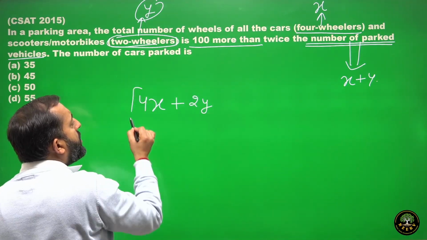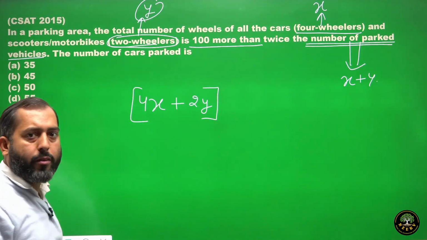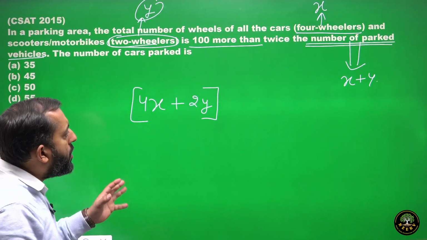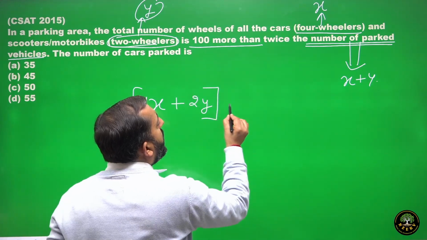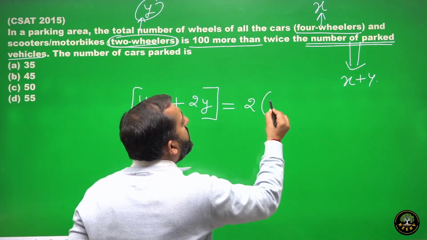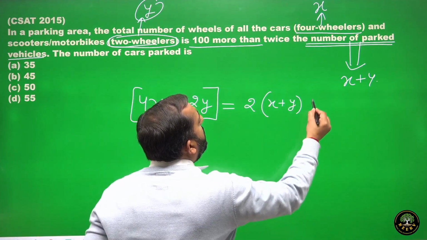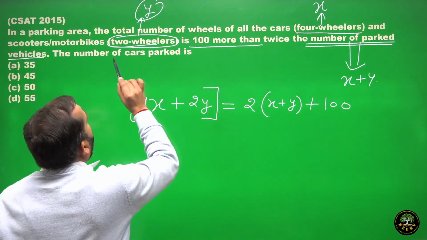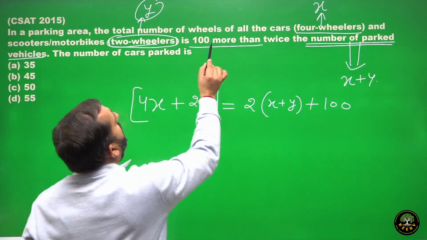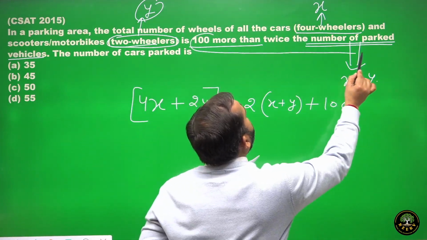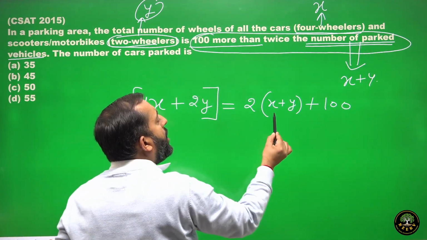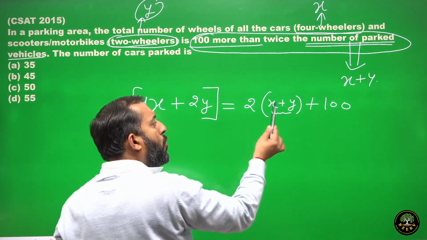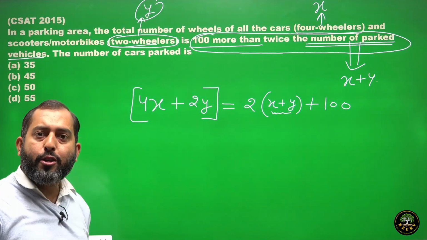So this is the total number of wheels, and it is given to us that these total number of wheels are equal to twice the number of parked vehicles plus 100. Number of parked vehicles are x plus y, twice of it is into 2 plus 100. So this is the information which is given in the question.